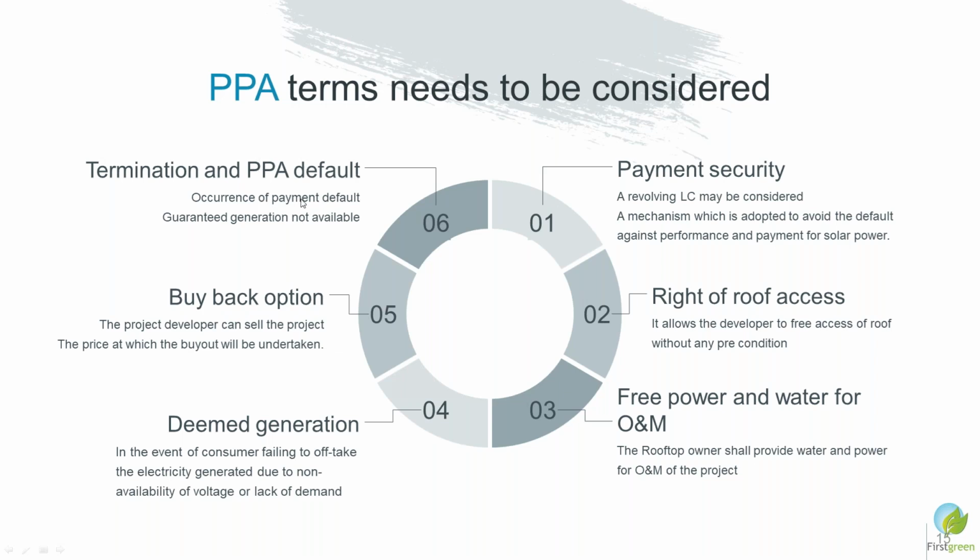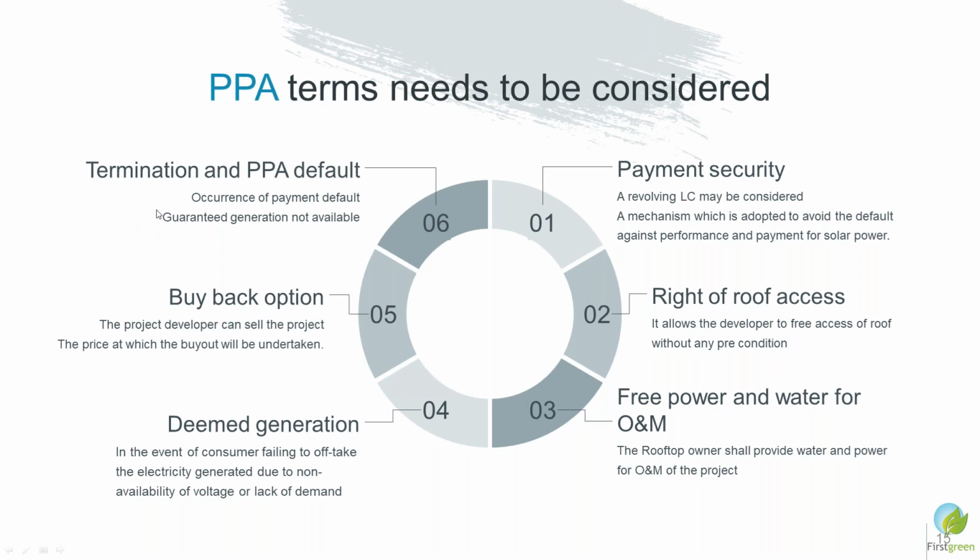So what kind of defaults can you expect? A PPA default is when your client is not paying your electricity bill for 2-3 months. If they are not paying for 3 consecutive months, that can be considered a PPA default on the side of the buyer, that is the off-taker.